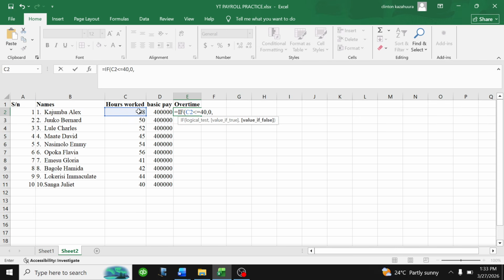Now I put a condition which is going to cater for those who are between 40 and 43.